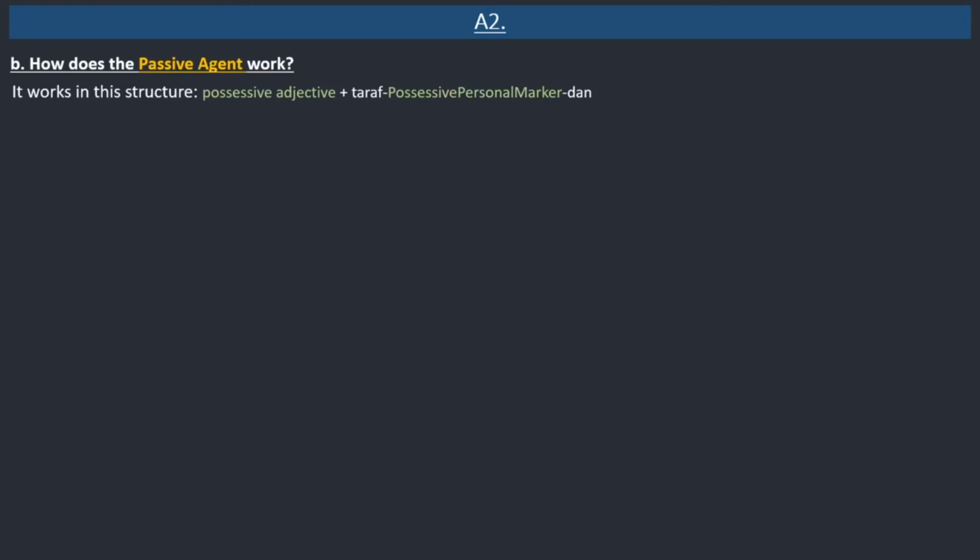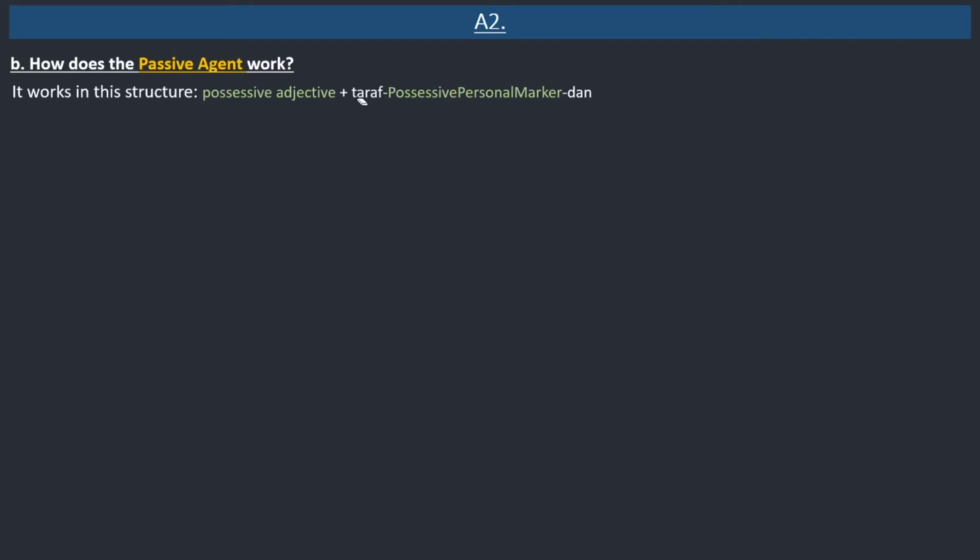And in the next slide, the most important part about this passive agent thing, it's the endings. How does it work? It works like possessive adjectives, also known as my, your, her, his, our, their, etc. And then taraf.